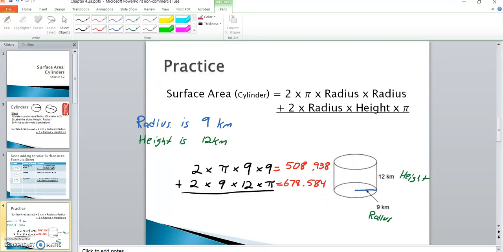And then when you add those two up, you're going to get 1187.522. And then, of course, you need to list your units, which is going to be kilometers squared. So 2 up top.